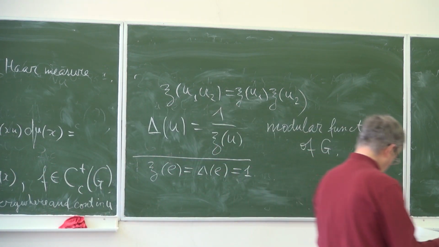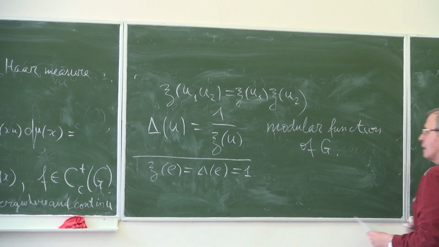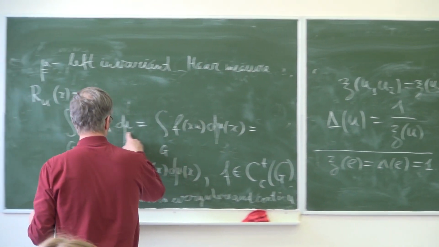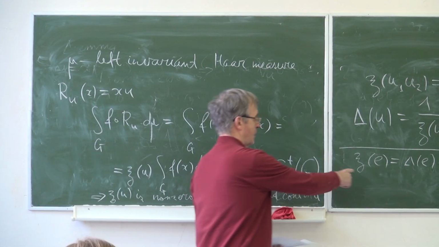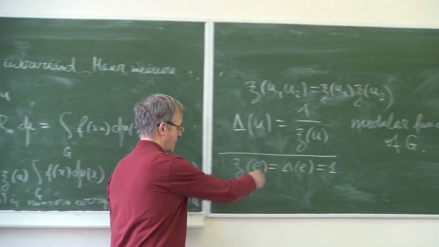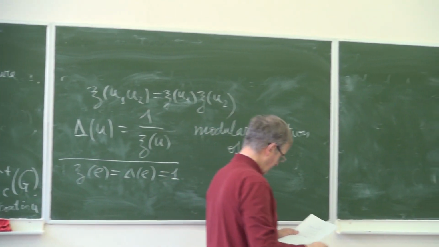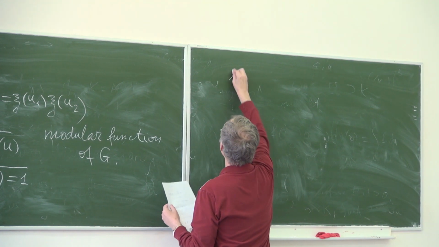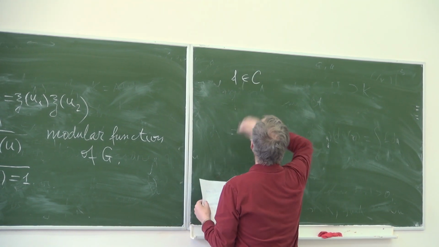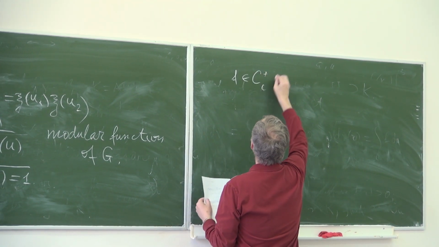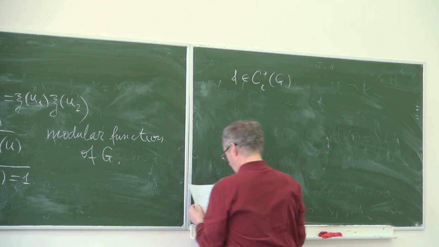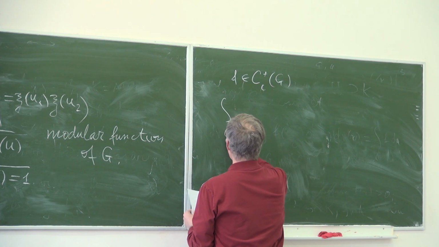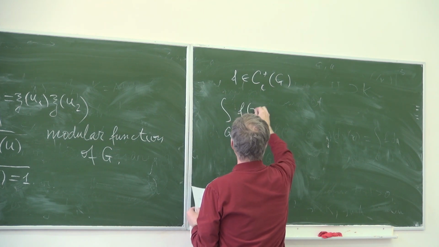Well, to establish the relationship between a left Haar measure and some right Haar measure in terms of this function xi or delta, we consider the following two functionals. So again, f is a test function. And we consider first the integral of this sort.